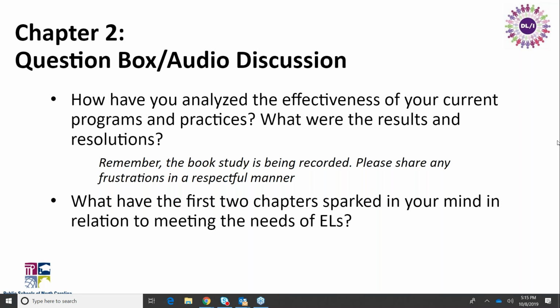And so that's something we hope to be releasing to the field either next semester or by the beginning of next year. We did share it with our EL coordinators and are hoping to be able to share that with all of you so that you can be thinking about ways to advocate for your ELs at your schools.